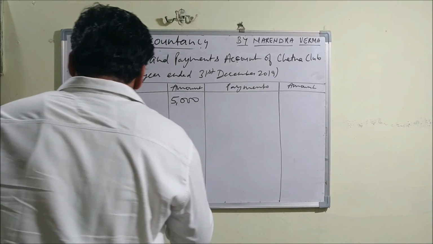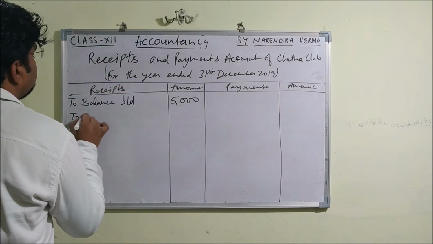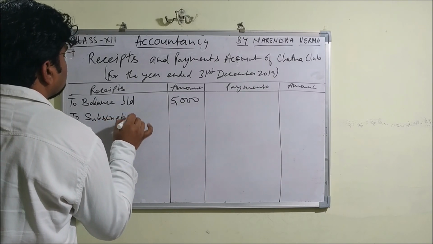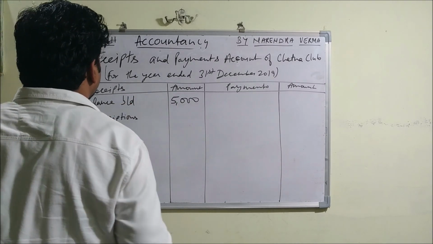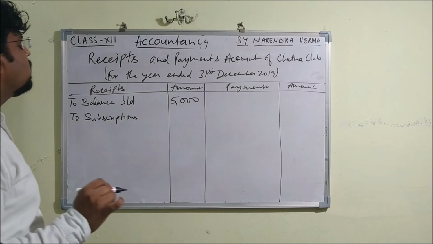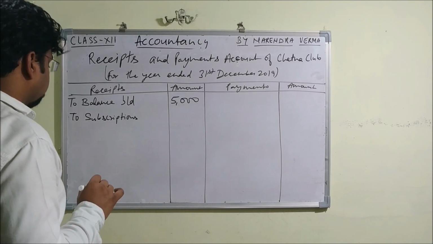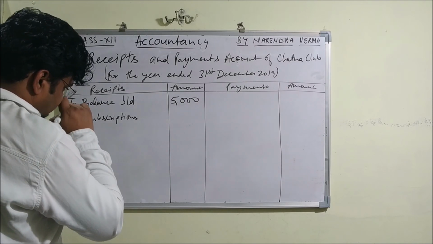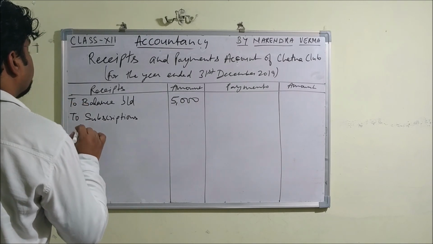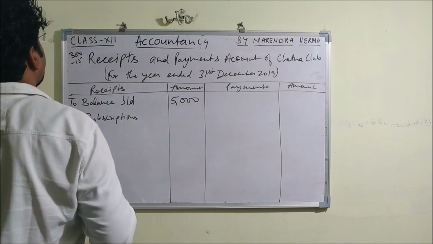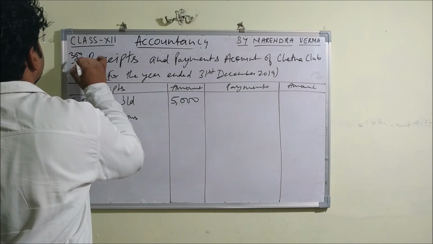Okay, so we can see in the question that subscription. There were 300 members and every member was to give 15 rupees per head. But the question says that 25 members out of 300 did not pay subscription.